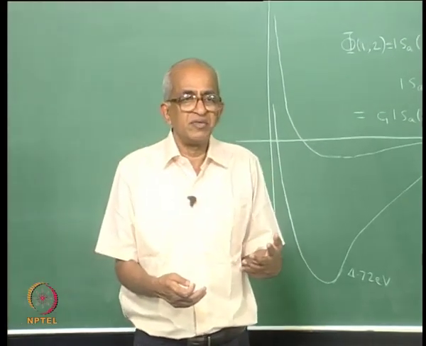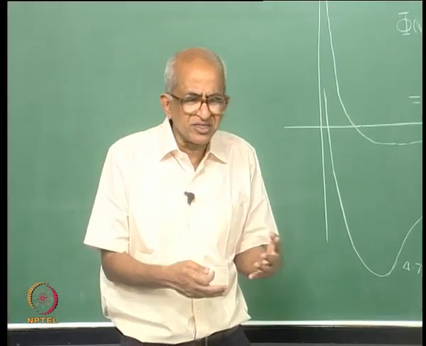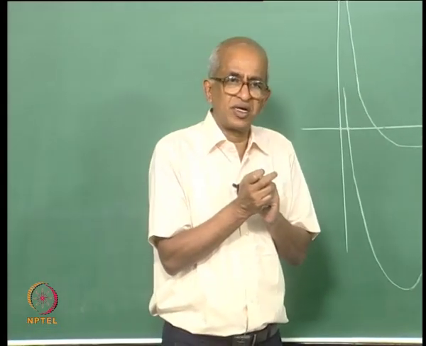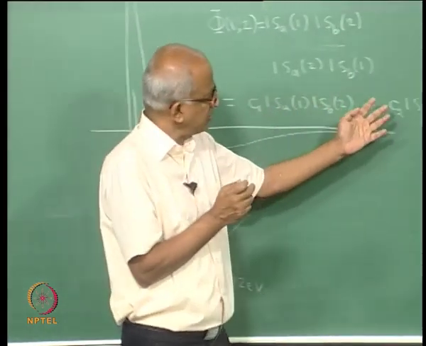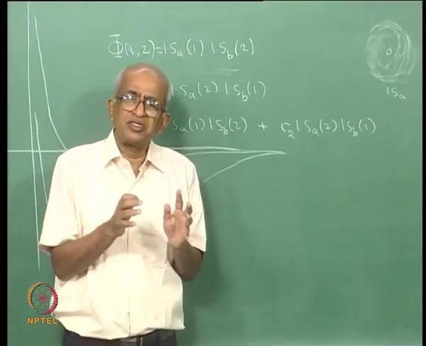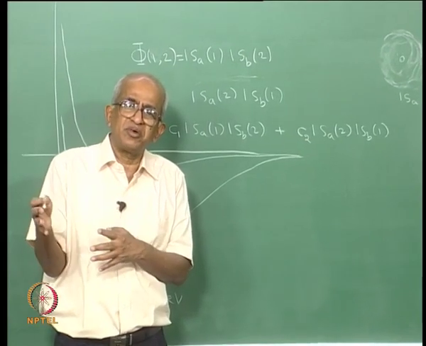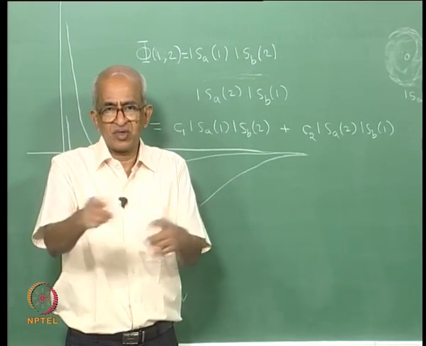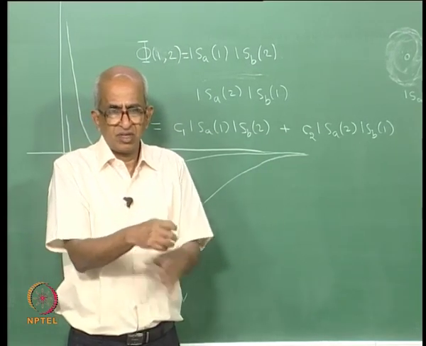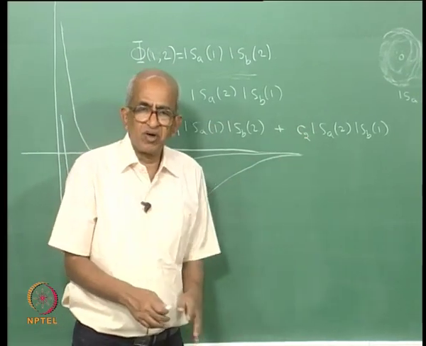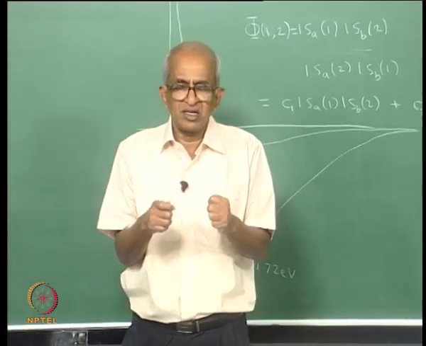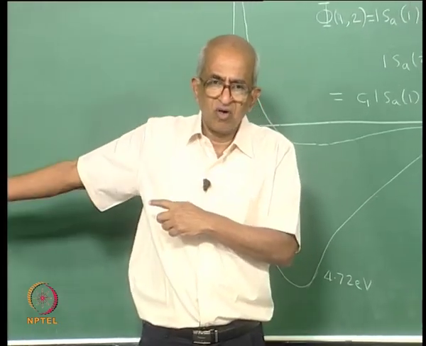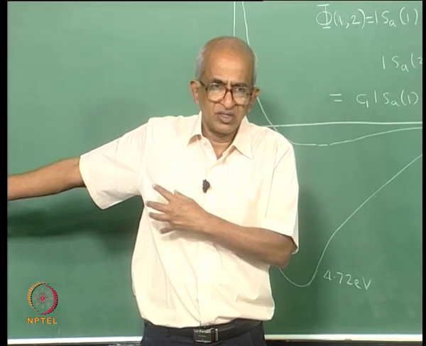You have to determine C1 and C2 in a variational fashion, but it is not really necessary to do the calculation, because physically we can guess what is going to happen. You see these two are actually kind of equivalent, and therefore they should make the same amount of contribution to the final wave function, because all that you are doing is interchanging the two electrons. So this and that should have the same amount of importance in your final wave function, and this immediately tells you that you have two possibilities, just as in the case of molecular orbitals that were discussed earlier in the case of H2 plus.